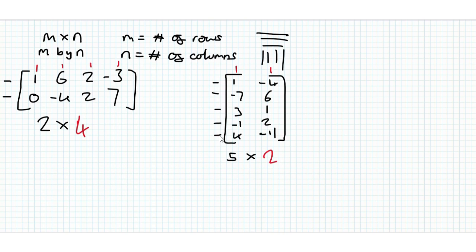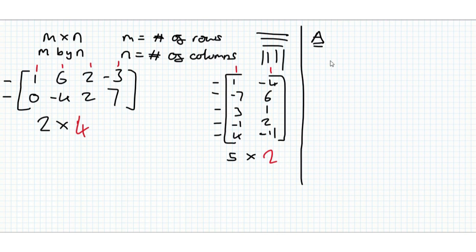But now we are going to look at some operations. If we have a matrix A, and the notation I want to use, I'm going to underline letters twice. For me, if I write a letter just by itself, it's usually a scalar.